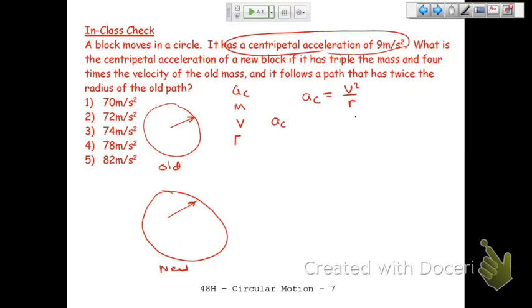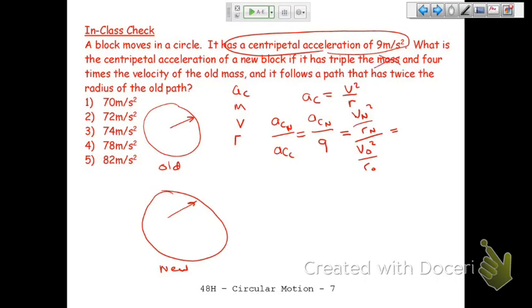AC new over AC old, where AC old was 9, equals V new squared over R new divided by V old squared over R old. I say triple the mass.